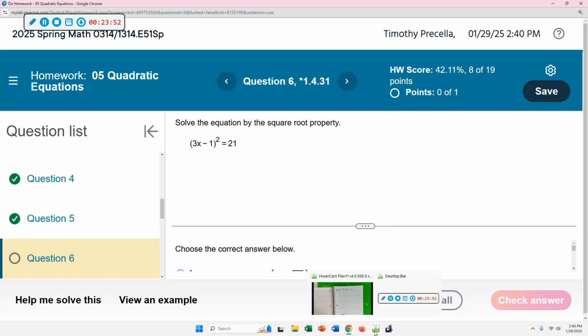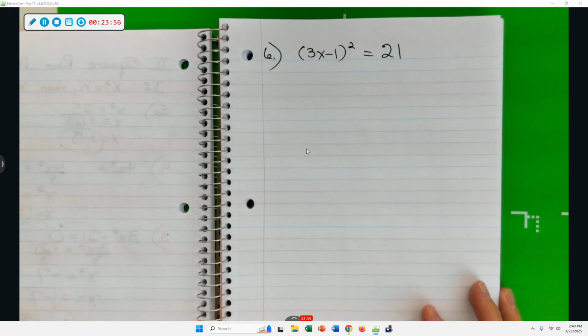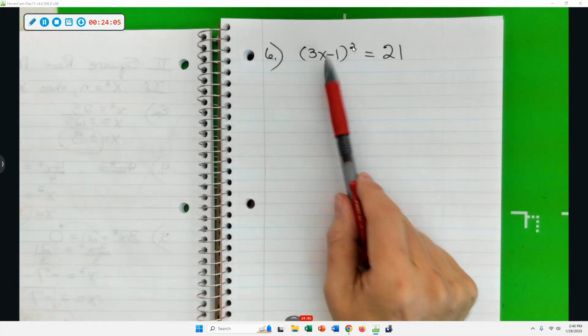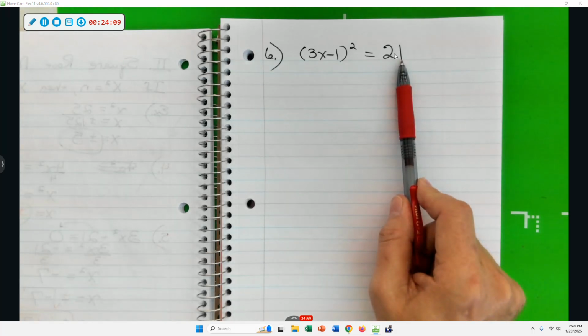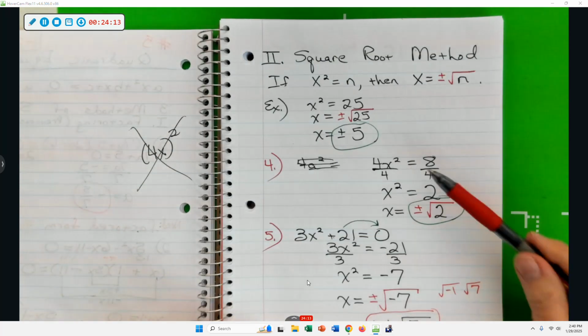Okay, switch to my paper. That's why I keep saying quantity squared rather than just x squared. You have to have a quantity squared on one side, a number by itself on the other side. This number 6 is not like number 4 or 5.